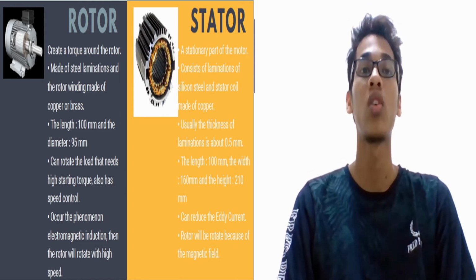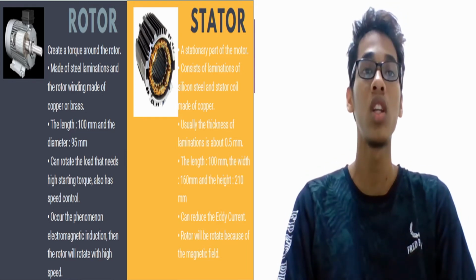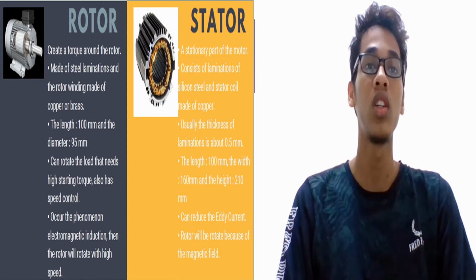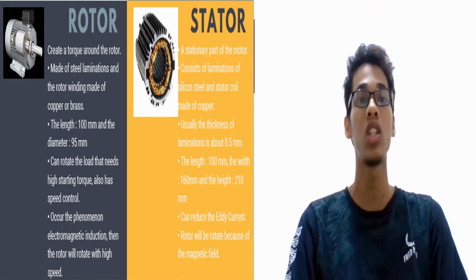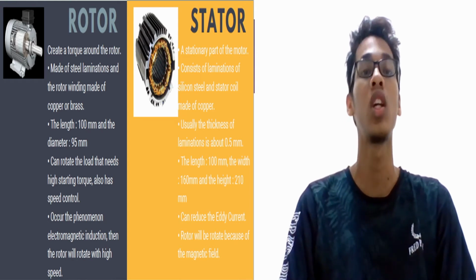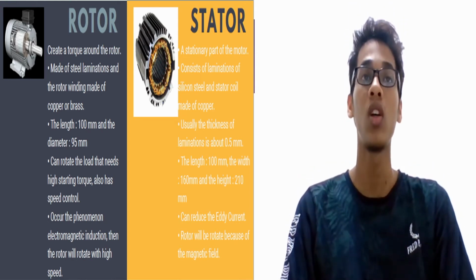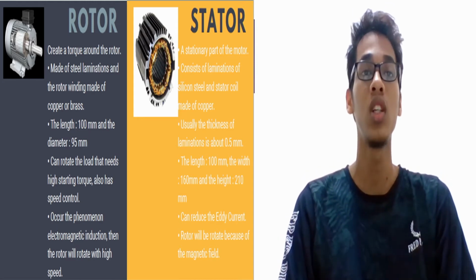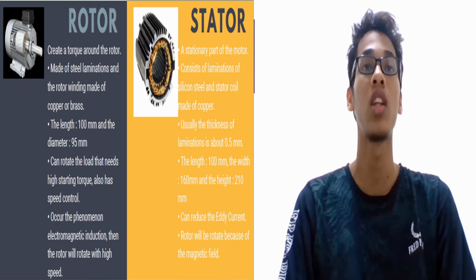The rotor can rotate loads that need high starting torque, and also has speed control. The phenomenon of electromagnetic induction occurs: the rotor will rotate at high speed, cutting the electromagnetic field around the magnet, inducing the electromagnet and generating electricity.